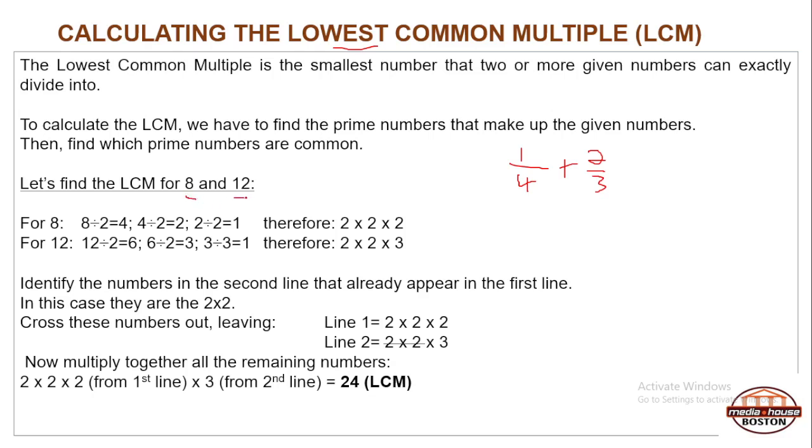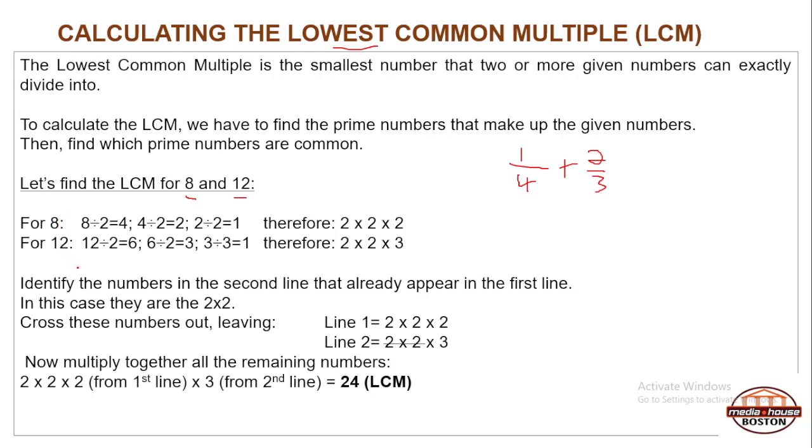What we basically do with this method is a basic principle method. We say both numbers are even, so they're both divisible by 2.